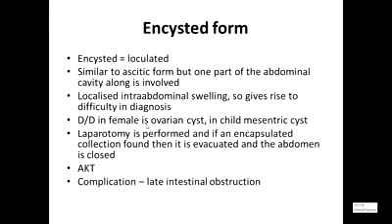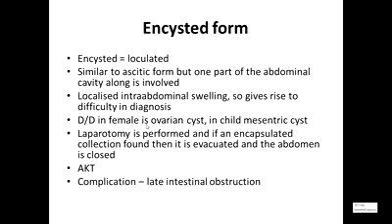Encysted form. The third is the encysted or loculated form, similar to the ascitic form, but one part of the abdominal cavity alone is involved. Localized intra-abdominal swellings give rise to difficulty in diagnosis.